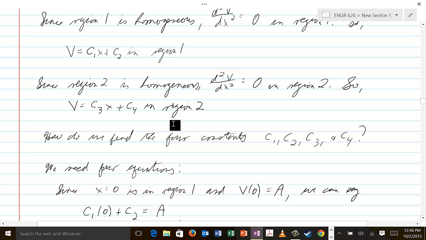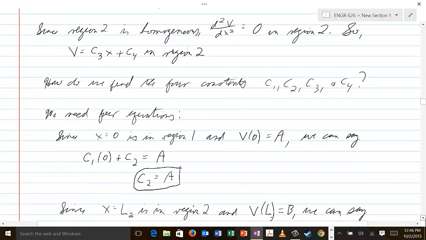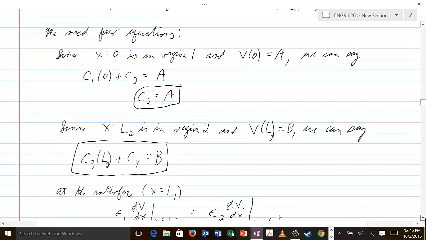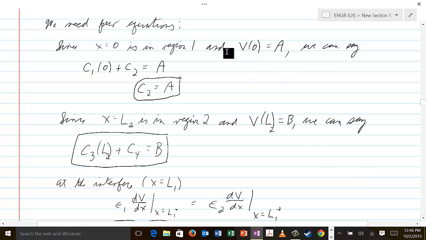And then we need 2 more conditions. Okay, we've outlined 2 of them. At x equals 0, we get c2 is equal to A, and then since x equals L2 is in region 2 and V of L2 equals B, we can say c3 times L2 plus c4 is equal to B.